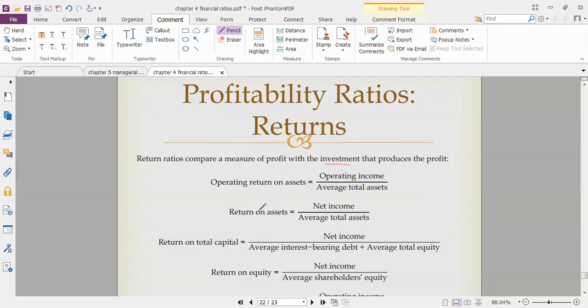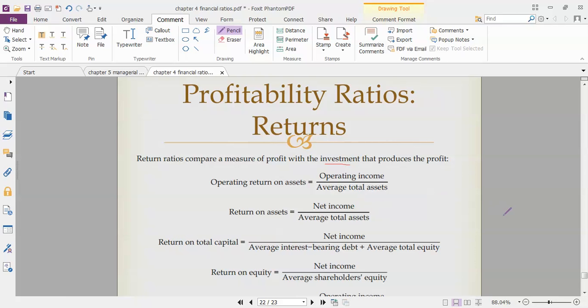How about the return on assets? Return on asset is also a profitability ratio in terms of return. Return on asset we calculate using net income divided by average total assets.